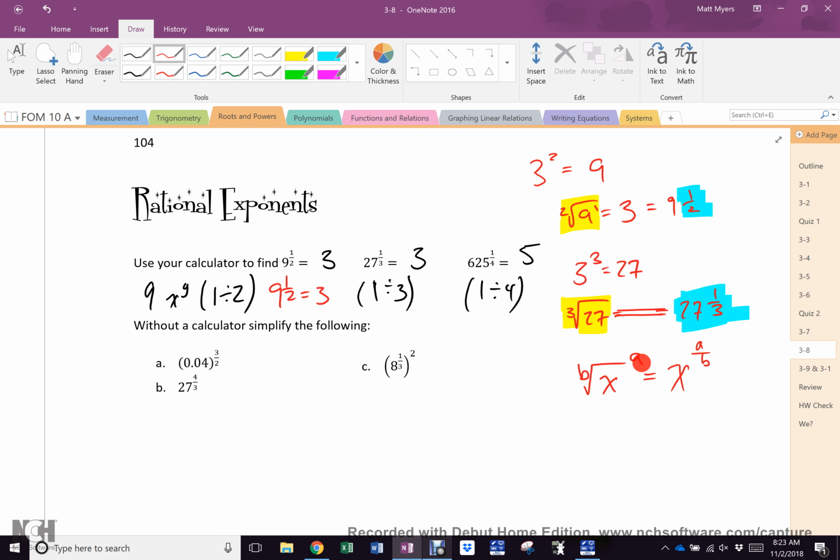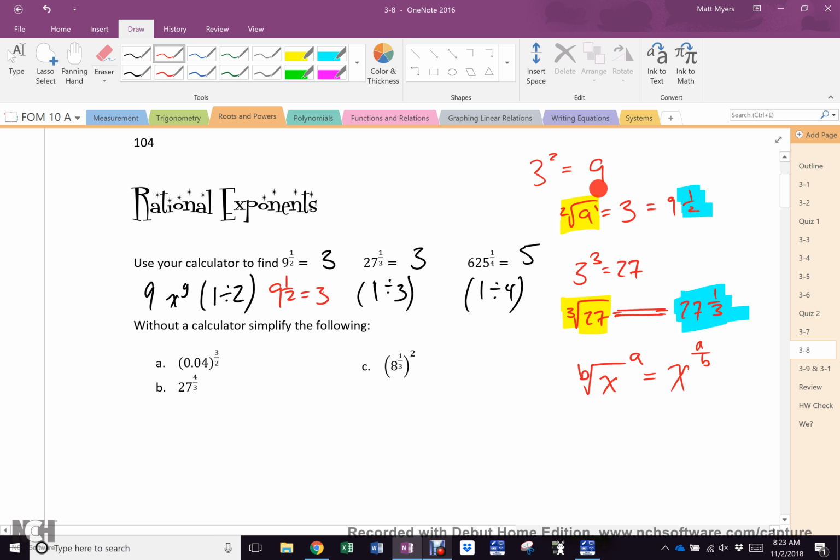That's the only thing we are talking about today. If you have a rational exponent, the denominator becomes the index, the base becomes the radicand, the numerator becomes the power. And we proved it right here.